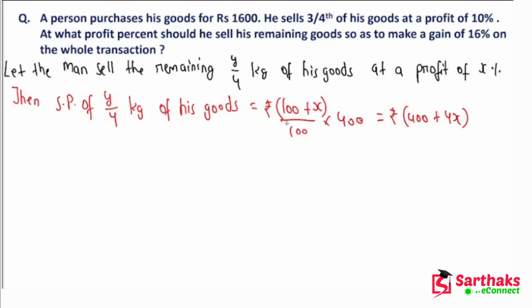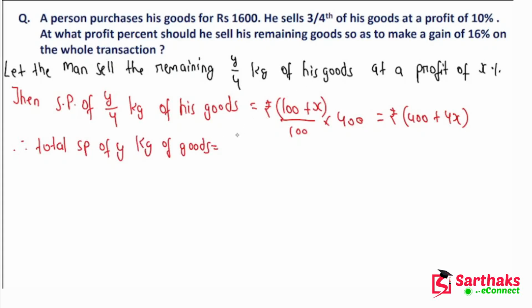Now cost price you have, selling price you have, so we have to calculate the value of X. Now the total selling price of y kg of goods is equal to the total.